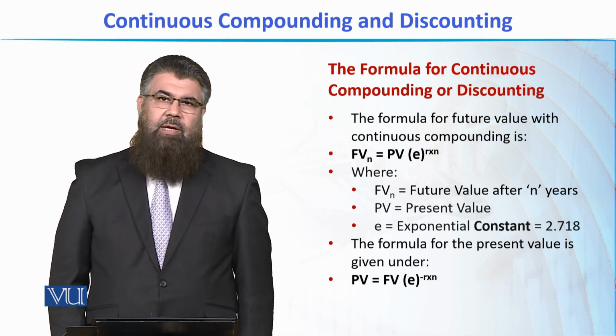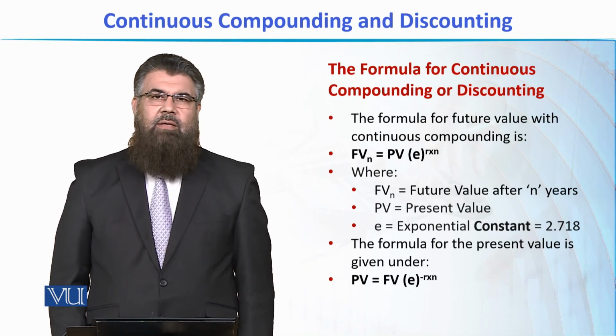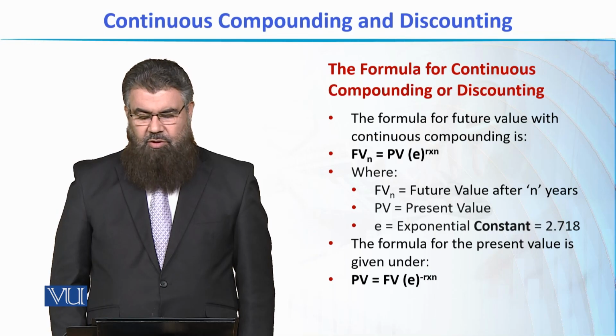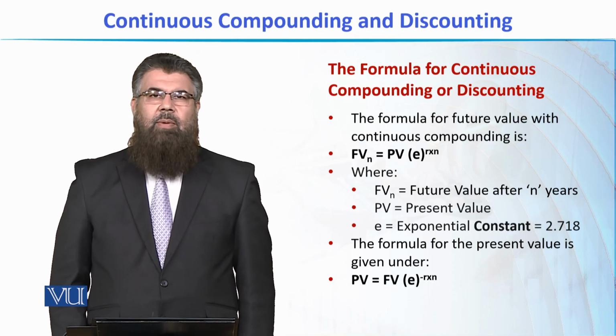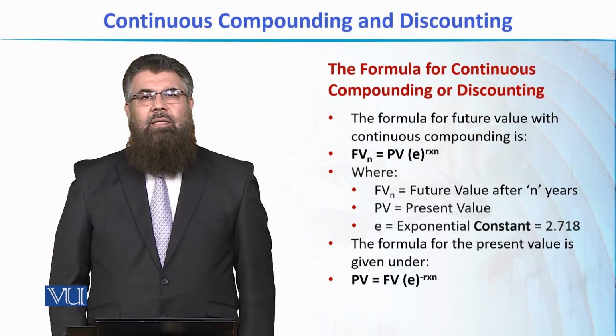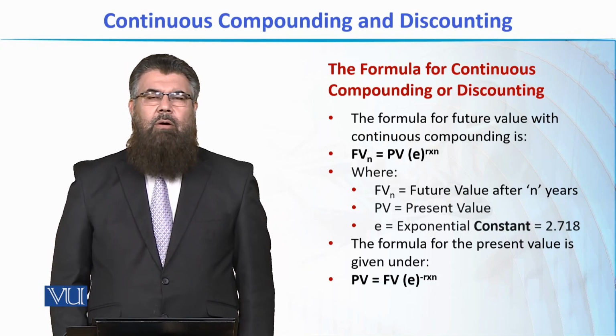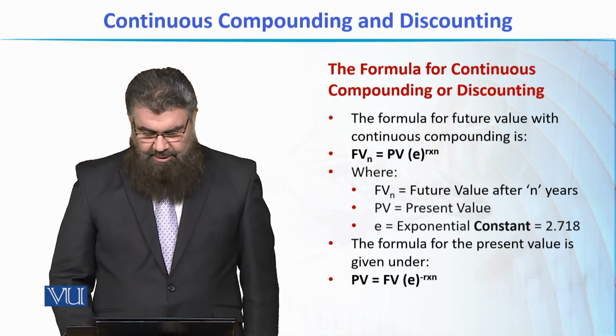Similarly, the same formula can be applied by dividing the future value by this factor. That is, if we divide the future value by this exponential constant raised to the power r into n, we get the present value. Which means that in case of continuous compounding or continuous discounting, we can calculate the present and future values.